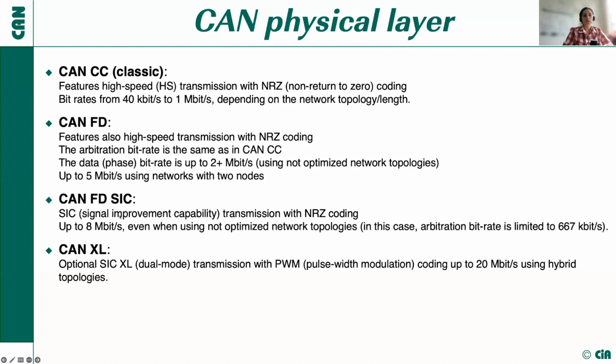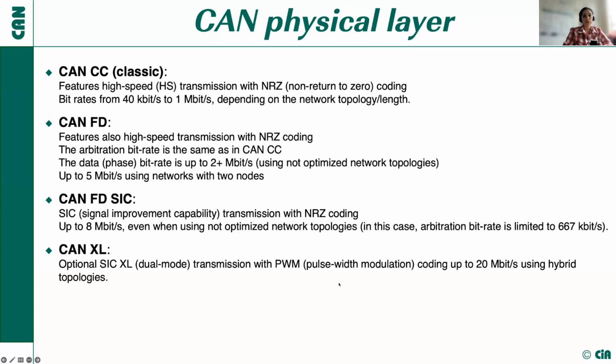And you can see here also the CAN FD SIC or signal improvement capability transceiver with non-return to zero coding as well, and up to 8 megabit per second is achievable, even when using non-optimized network topologies.